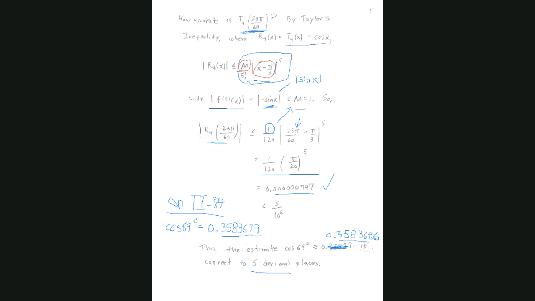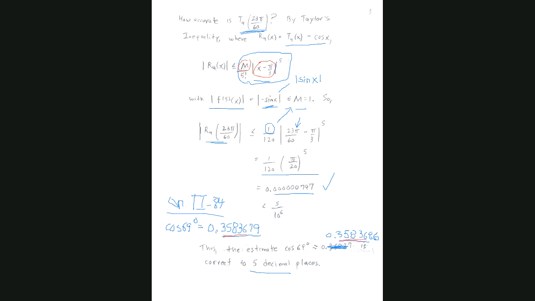Well, I want to be a little bit careful here. No, I want to say that we're okay. The first 5 digits, 0.35836, agree.